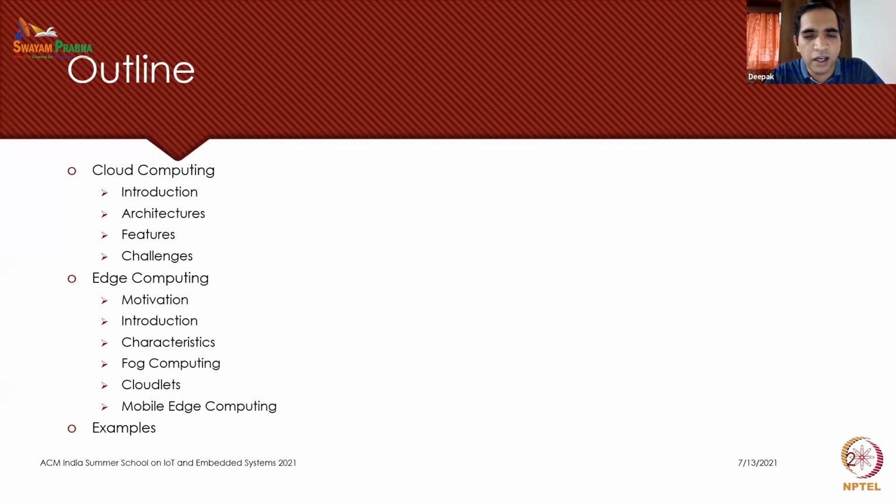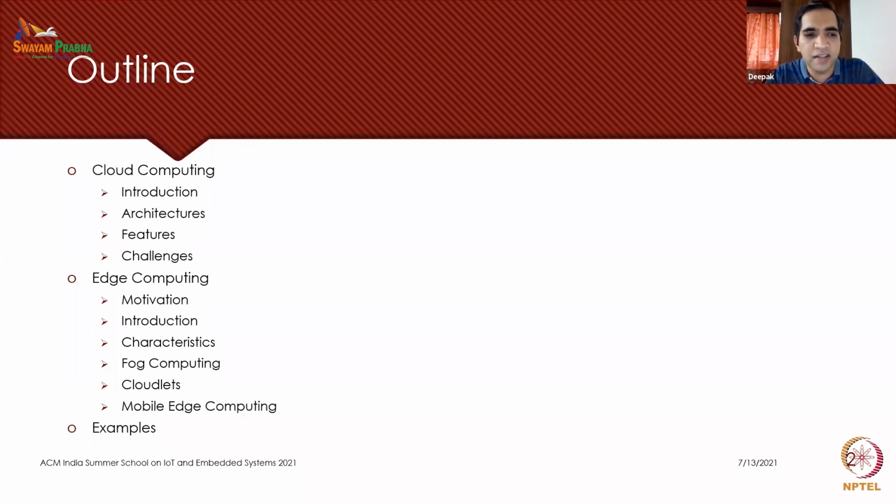So we'll cover a lot of cloud computing aspects in the first session, and we'll motivate why cloud computing has issues when we look at the Internet of Things. And that's when the aspect of edge computing comes into the picture.